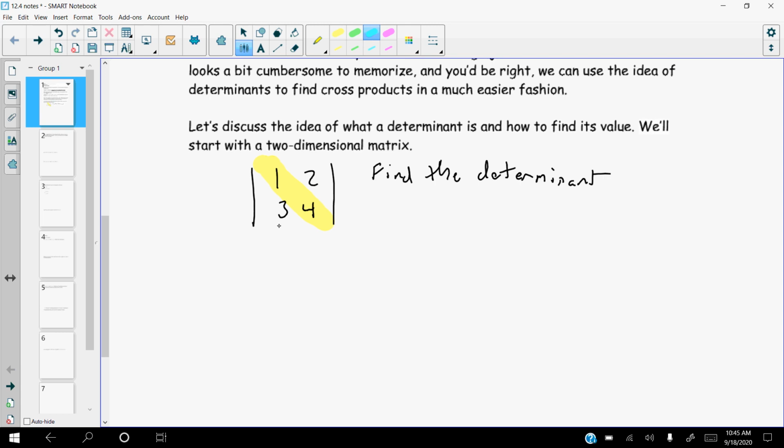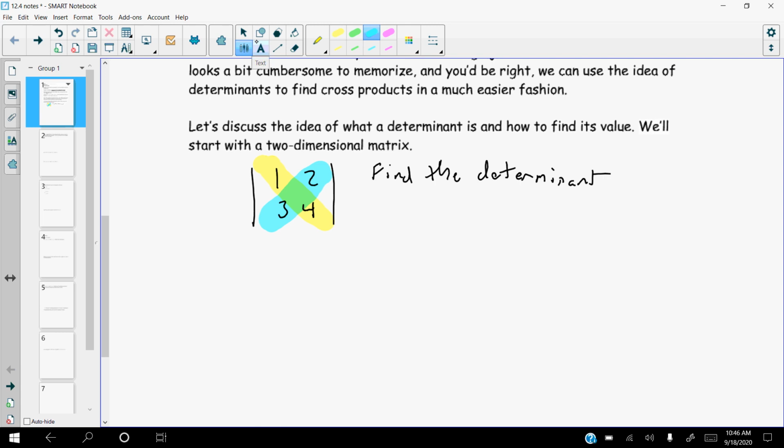I'm not sure exactly what the word is for that one actually. So it's the product of the major minus the product of the minor, or the main diagonal and the off diagonal, however you remember it. The main diagonal goes from upper left to lower right. The other diagonal goes from the lower left to the upper right. So it's always going to be that way.